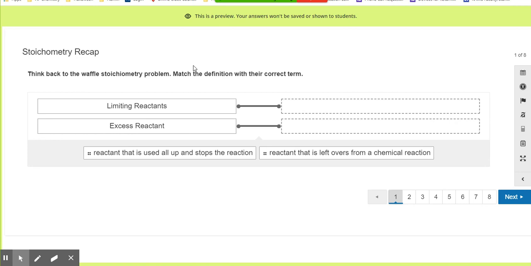What we saw happen was that we had possibilities of how much we could make, but the eggs kind of stopped it, right? So the eggs ran out first. Which of these definitions sounds like a limiting reactant, which is what the eggs were?